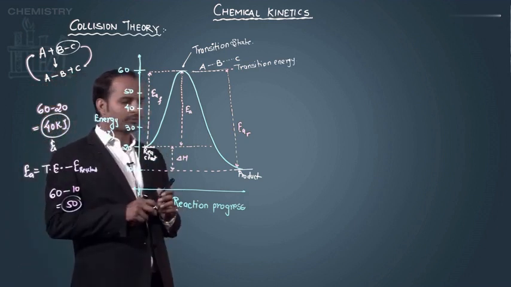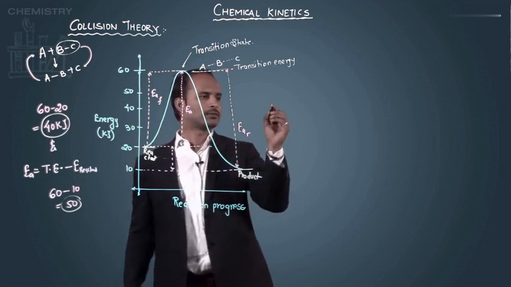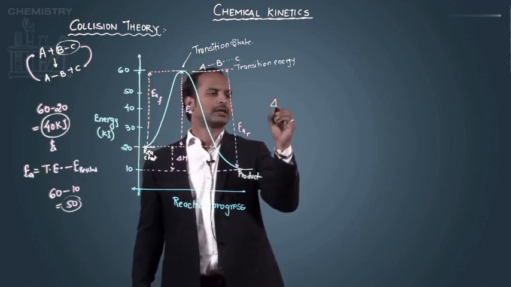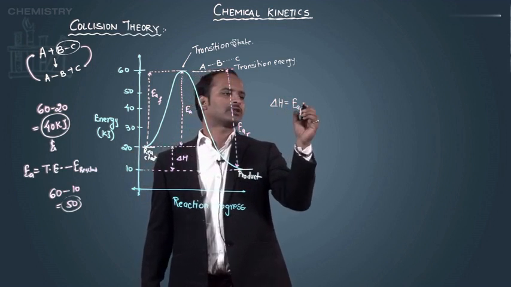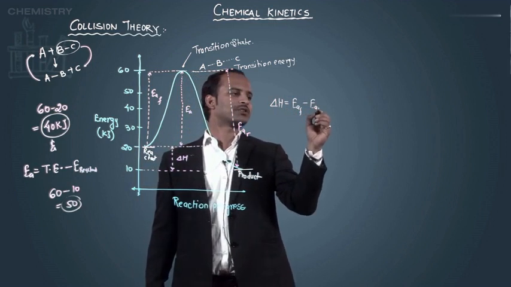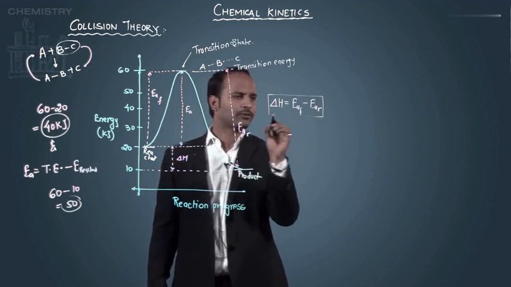So here we got a formula, and the formula is delta H is equal to activation energy for forward reaction minus activation energy for reverse reaction. A very important formula we have.